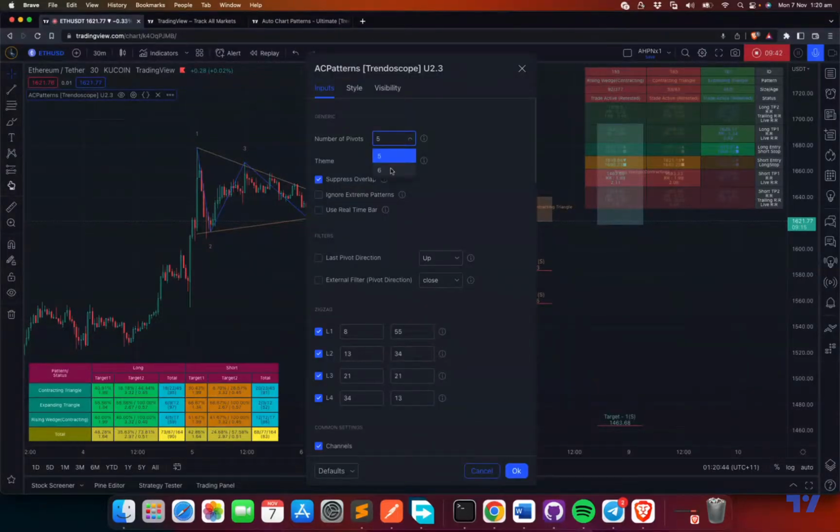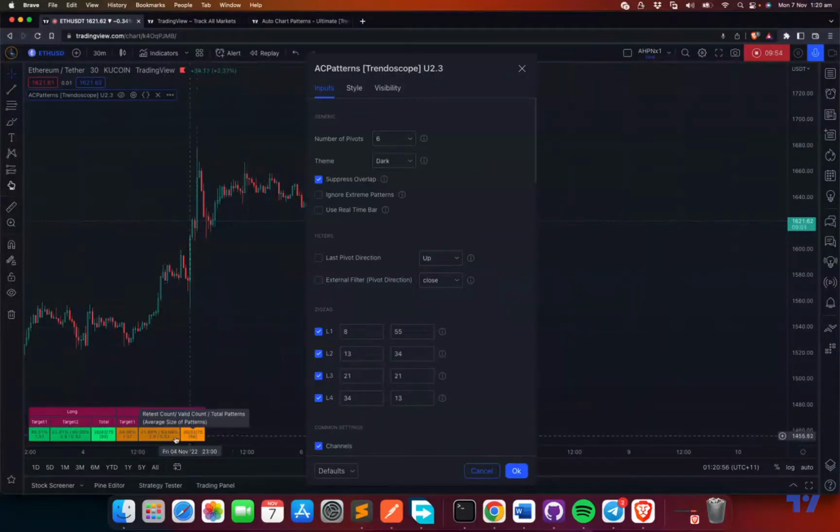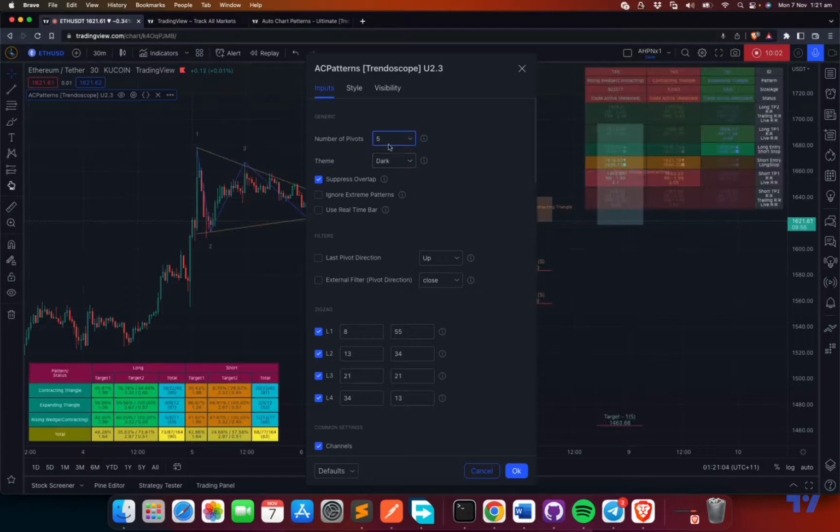That means it will generate fewer patterns. Let's say right now you have 164 patterns overall. If you select 6, it will be much less than that. You can see that now it is 75, so it's reduced by more than half. That's how it impacts. So 5 is kind of okay, but if you want to be very picky about the trades you are doing, you can also go for 6.